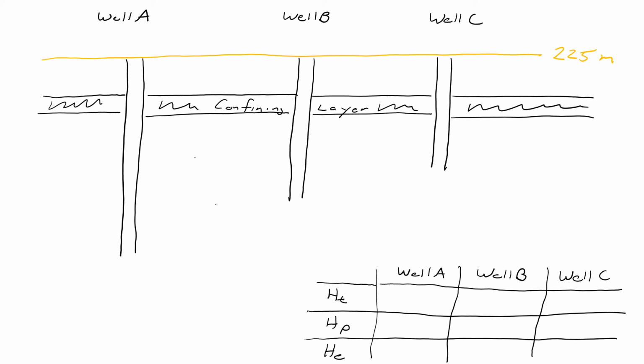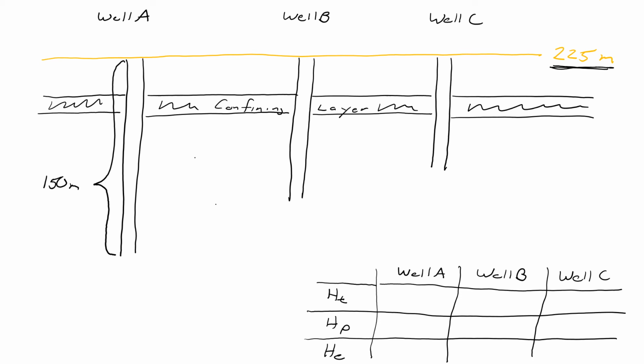Okay, you guys need a little more time, or are you good? All right, let's look at what information I gave you. So let's look at well A. We said the surface elevation was 225 meters above sea level, okay? And for well A, how far down did they drill from the surface? 150 meters.